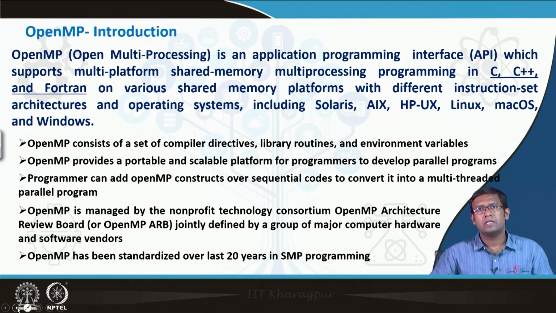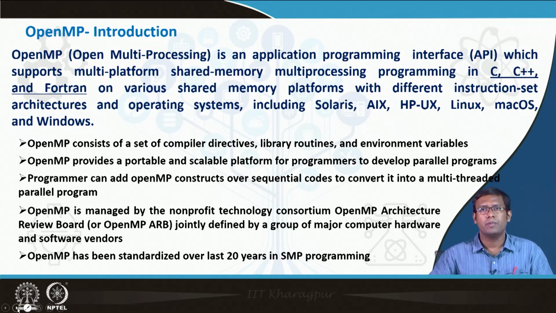And this has been standardized over the last 20 years for SMP, or symmetric multiprocessor programming, and also for non-uniform memory access multi-computer programming. Very recently, in the last couple of years, OpenMP has also been developed for GPU computing.